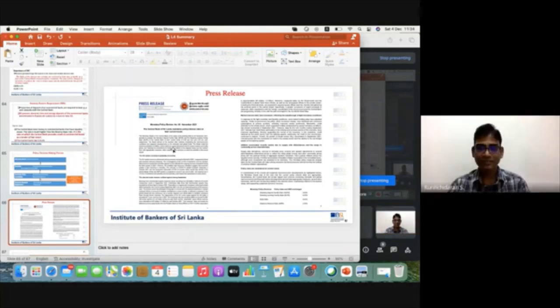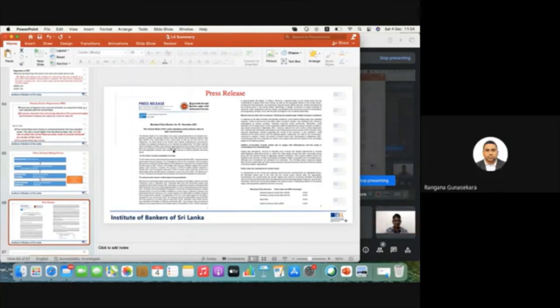Yes. Just wanted to clarify the interrelationship between the bank lending rate for customers and the standard deposit facility rate and standard lending facility rate.